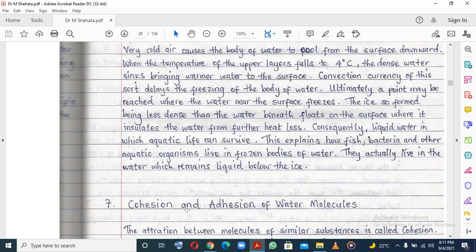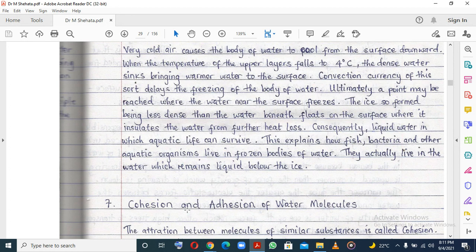And what do we know about something that is dense? Something that's dense goes down, down, down. So the most dense thing is going to be under, followed by what's more dense than the others, just like that. And so ice, which is the least dense, is going to be on top.